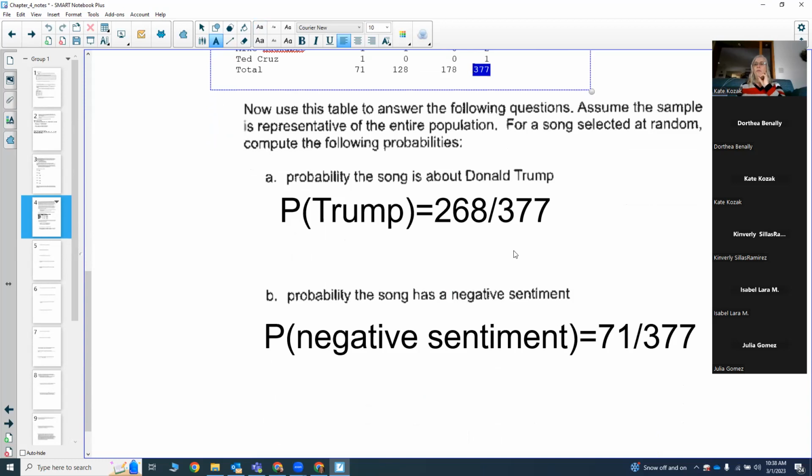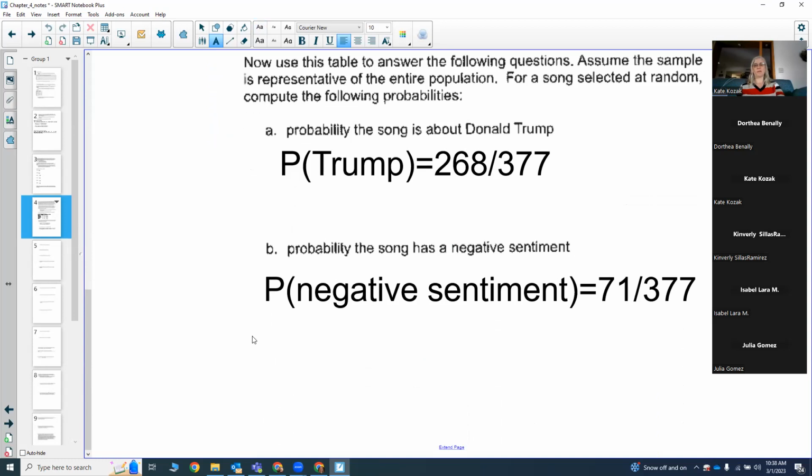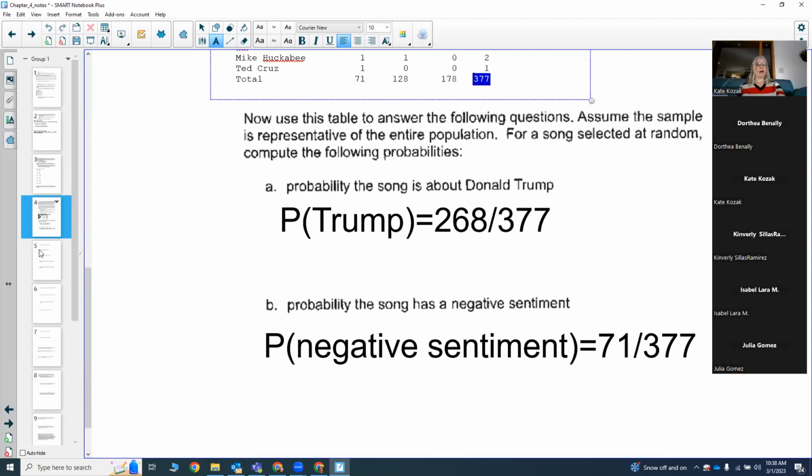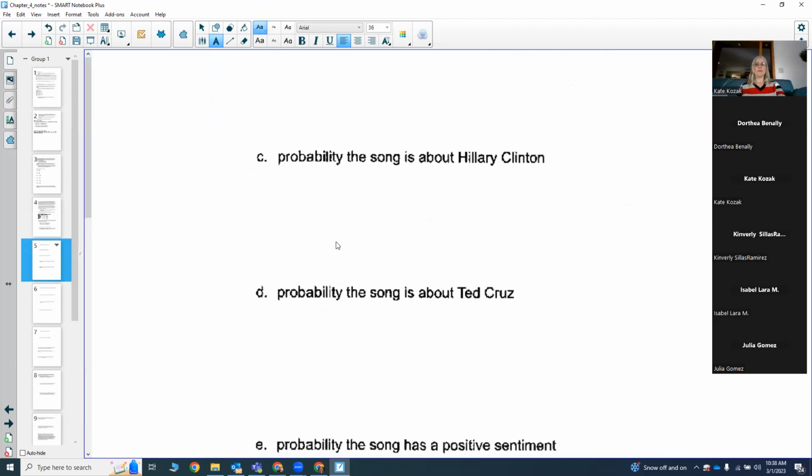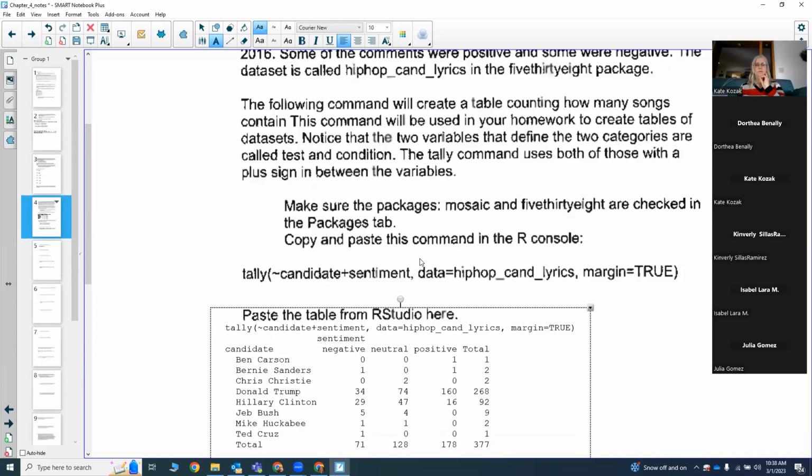All right. Obviously there are more songs about Donald Trump than there are about the negative sentiment, because there's 268 out of 377 about Donald Trump and only 71 out of 377 about negative. I'm going to keep using the same thing. So now let's look at what the probability is that the song is about Hillary Clinton. So again, I'm going to go back to my table.